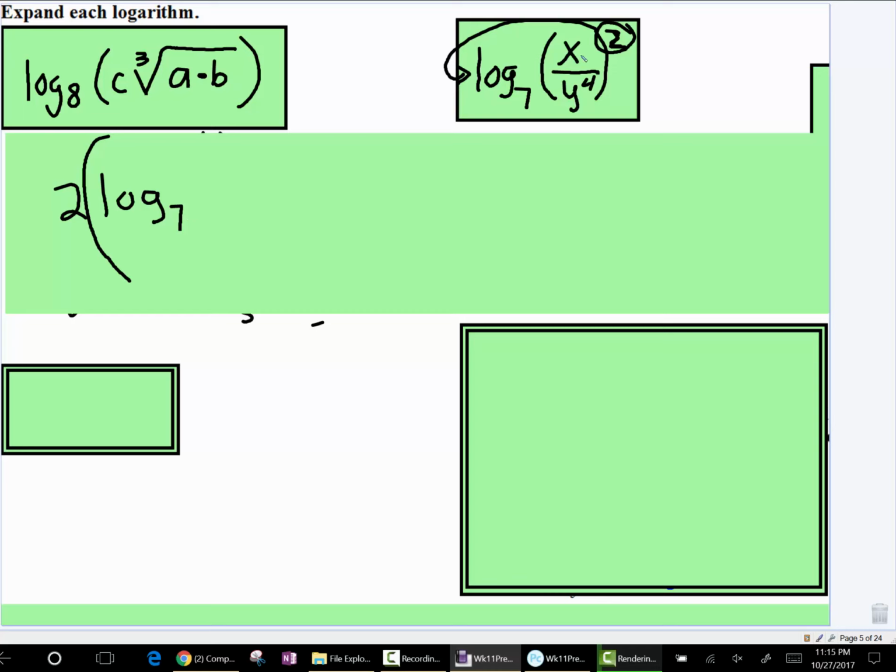And now these two things are divided, so we can use subtraction. So that is x, subtract log base 7, and inside there we would have y to the 4th. But this 4, using the properties, would come down to right there.